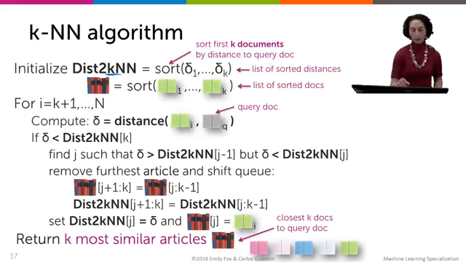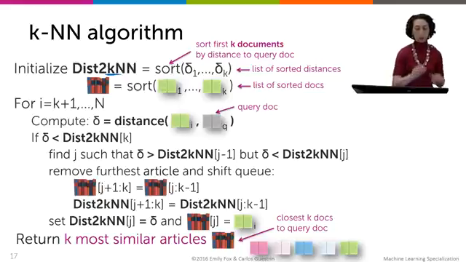To begin with, we're just going to assume that the first k documents are what we start with as our k nearest neighbors, and then we're going to improve upon those. So we compute the distance between our query article and each of the first k articles in the corpus, and we sort those articles by their distances to create a sorted list. That's what's held in this distance to k nearest neighbors. And within this little bookshelf image is a list of the sorted document indices.